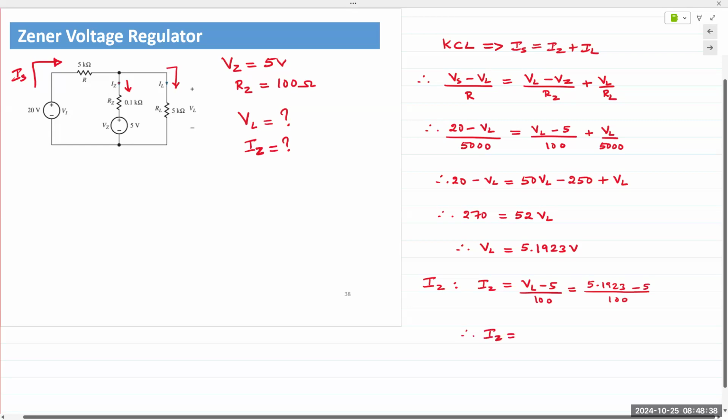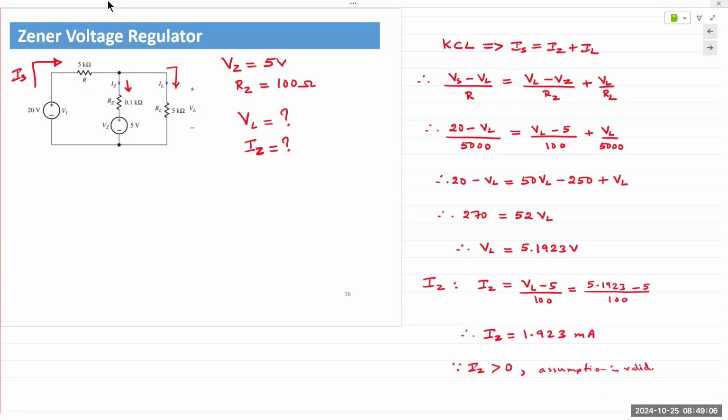IZ is 1.923 milliamps. And since IZ is greater than 0, our assumption that the diode is on is valid.